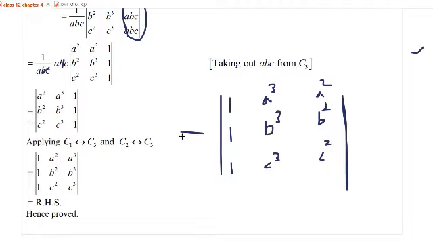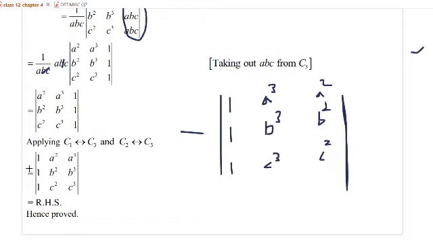So now I'll put a negative in front of the determinant, and you can see this column I've written here and this column I've written here in place of column 3. Now still we are one step away from our answer. We need a square, b square, c square here, and a cube, b cube, c cube here. So now I'll interchange c2 with c3, as you can see, and again on interchanging, one more negative I have to put in front of the determinant, which will cancel this negative, and now it will be positive.